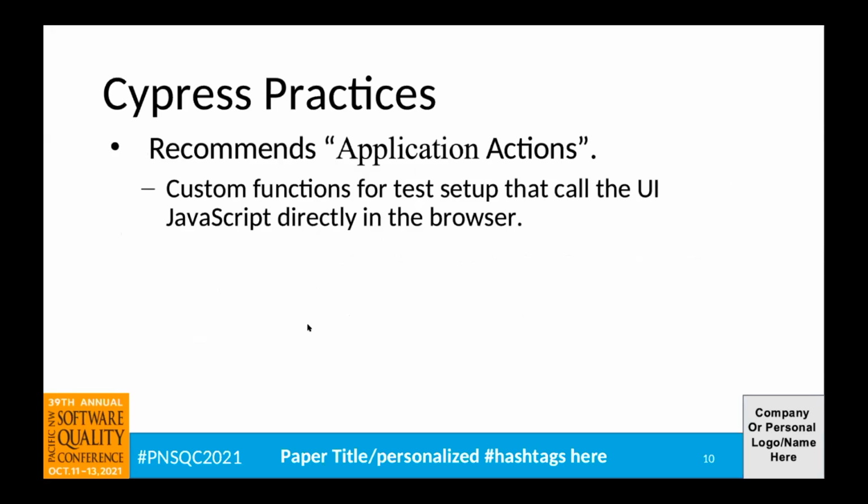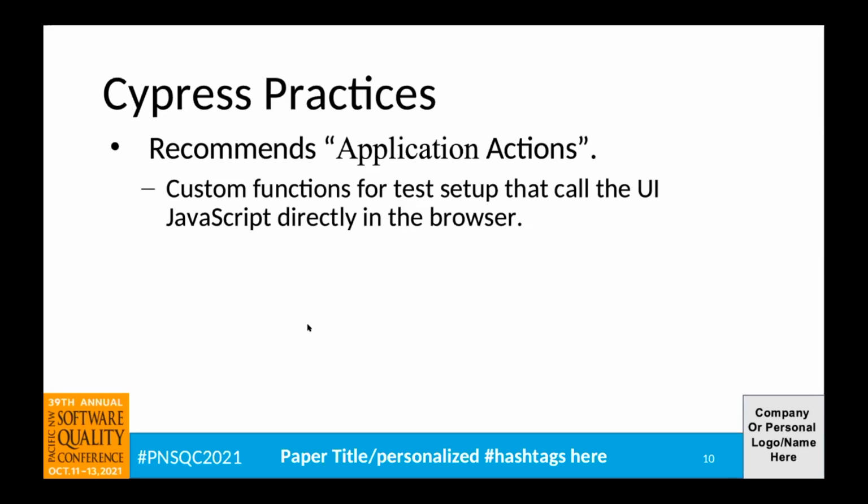So anyway, what Mr. Mann does recommend is application actions. These are custom functions written in JavaScript for the test setup that call the application's JavaScript as it's running in the browser directly. The nice thing about Cypress is it's much more directly integrated with the browser, and so you can actually from your test code modify the JavaScript code that runs the UI.